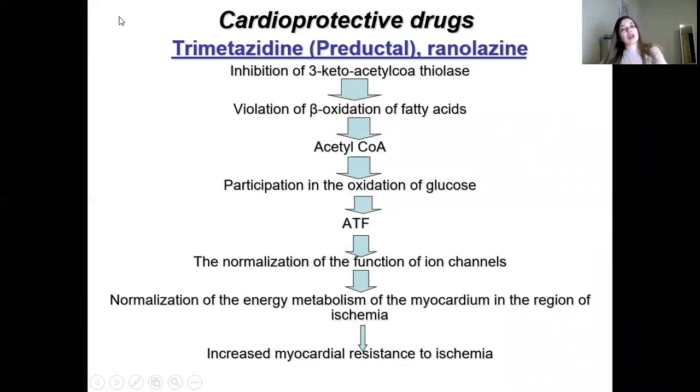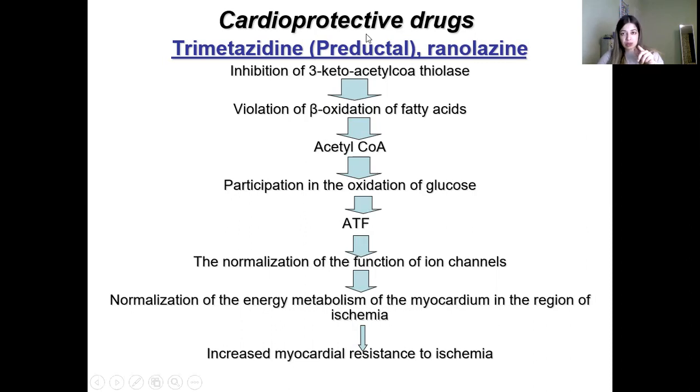Cardioprotective drugs, these are the drugs which optimize the metabolism of the myocardium. So, for example, the trimetazidine inhibits the 3-keto-acyl coenzyme A thiolase, which makes the violation of beta oxidation of fatty acids, which leads to accumulation of acetyl coenzyme A. It participates in the oxidation of the glucose, which makes more ATP.